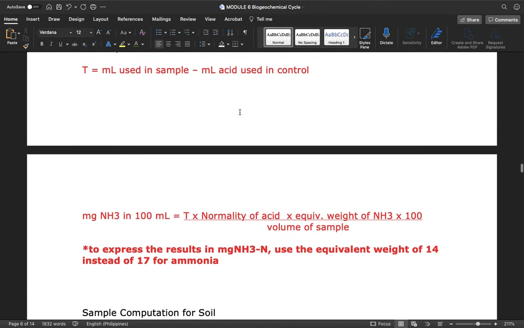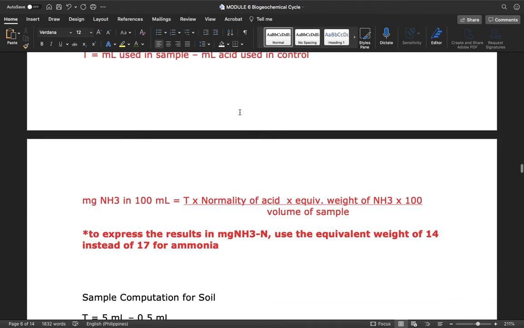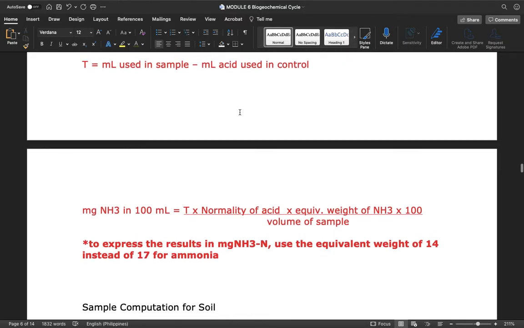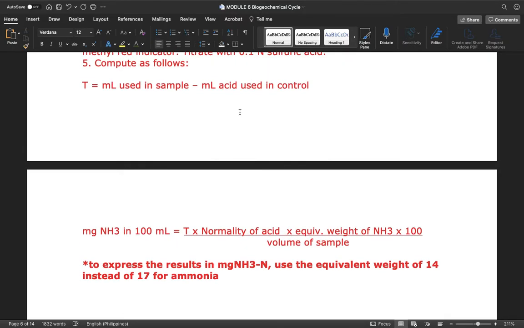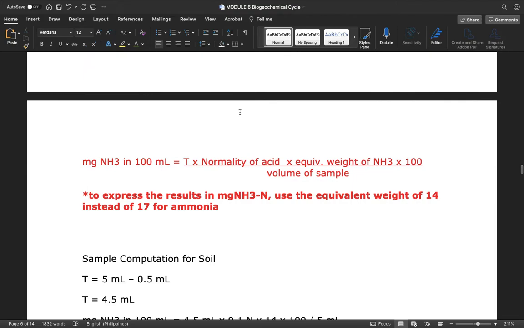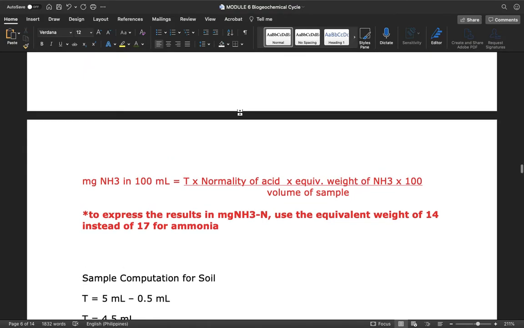So, let's say for example, in one of the setups, you use 5 ml of acid to neutralize your sample, and then 5 ml for the control. Then it would become zero.